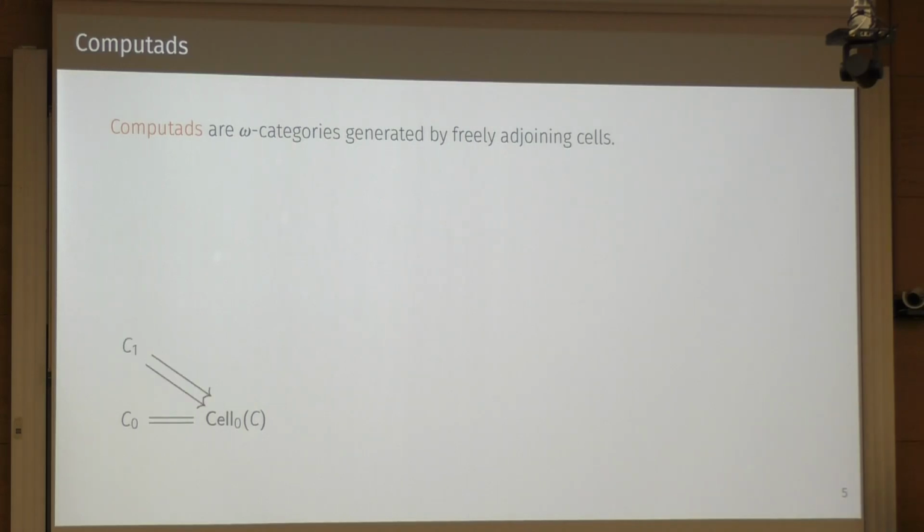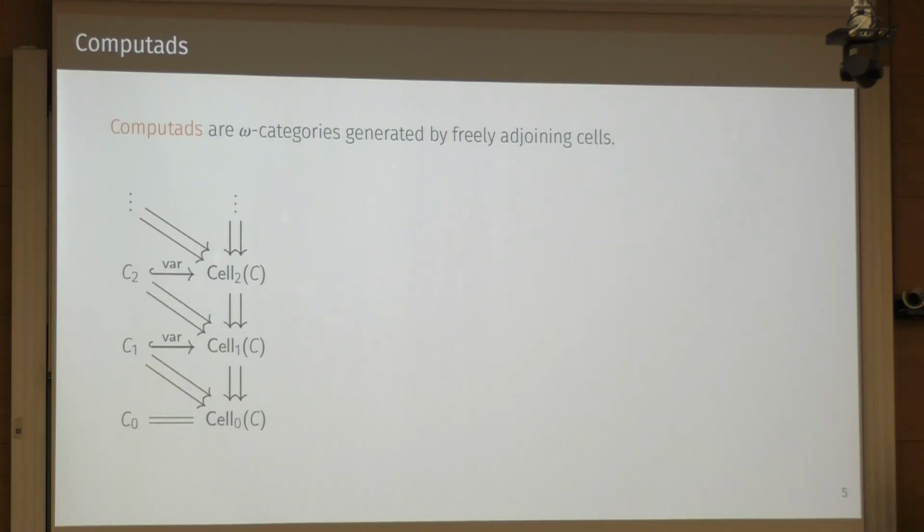Then you adjoin some one cells, and what you can do is build formal composites of those one cells. Then you adjoin two cells whose source and target are themselves formal composites or generators of dimension 1, and continue this process to get higher dimensional structures.